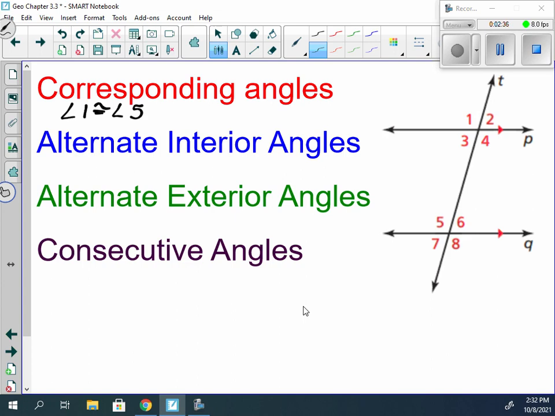We also have that 2 is going to be congruent to 6. We also have 3 is going to be congruent to 7, and 4 is going to be congruent to 8. Because those are corresponding angles. They're in the same location. They correspond to each other.